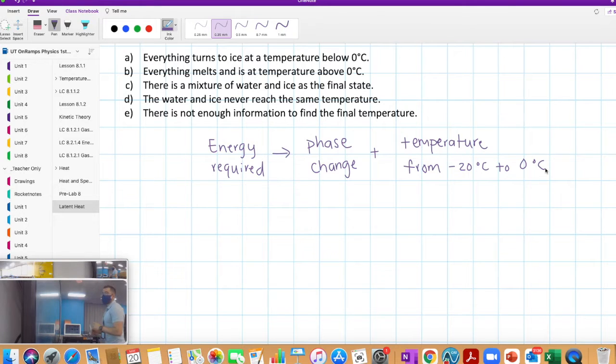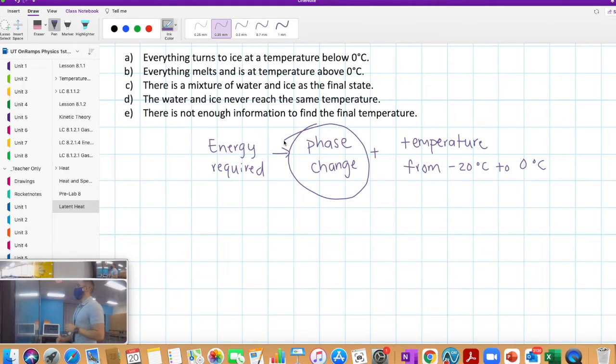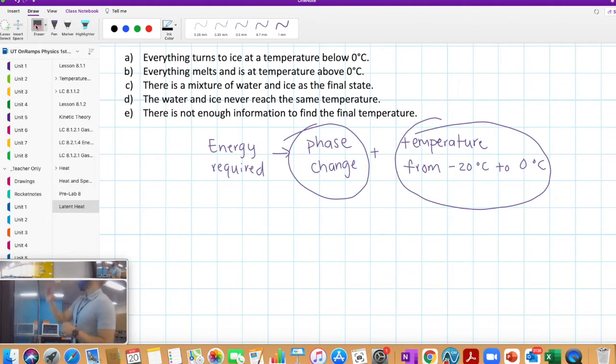Meaning, again, this is a two-part problem, okay? Let me fix this. There you go. So let's see what we need. Two parts, right? We need latent heat for this one, and then we're going to use the specific heat capacity equation for this one.